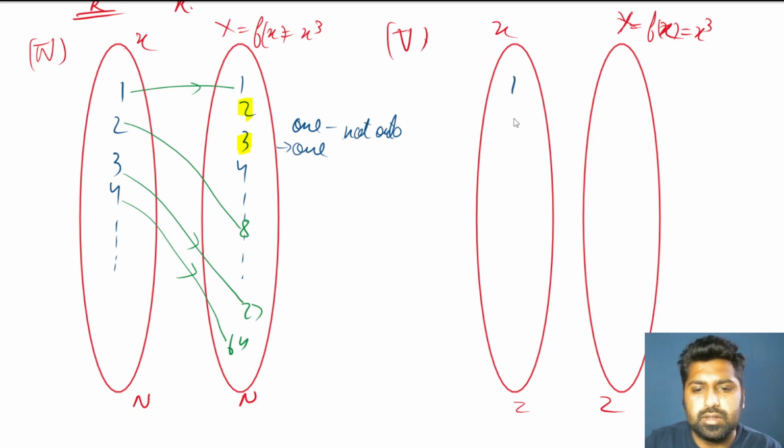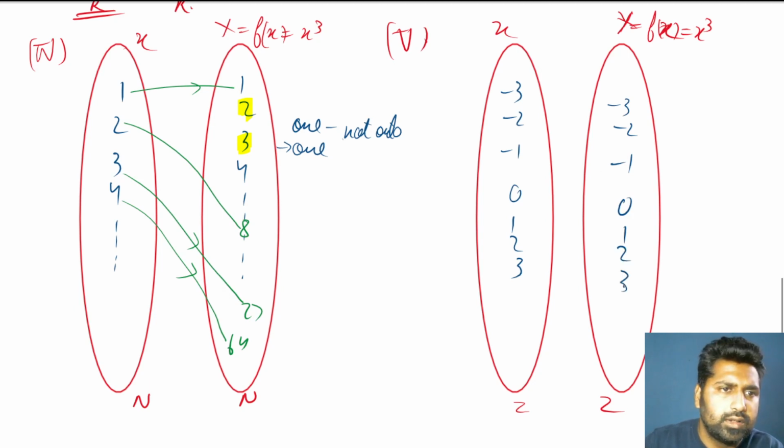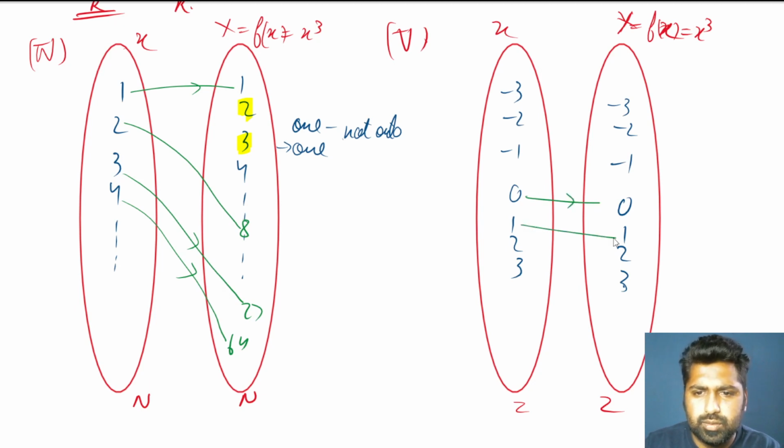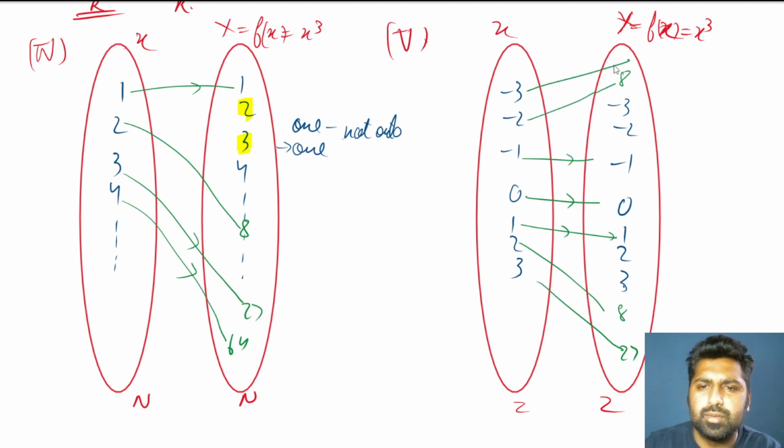Next is again the same thing, if they are from integers, so -3, -2, -1, 0, 1, 2, 3. Let's put, so 0 cube is 0, 1 cube is 1, 2 cube is again the same thing, 8, 3 cube 27, -1 cube is -1, -2 cube is -8, -3 cube is -27.